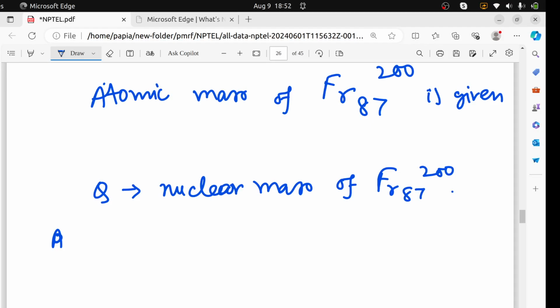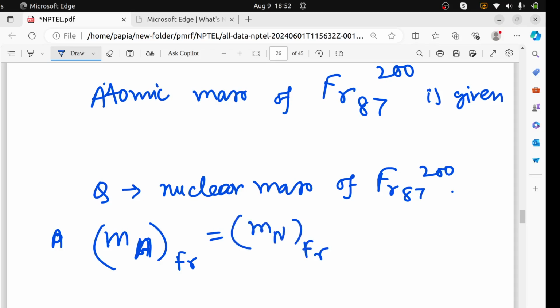Let's say I am writing here mass of atomic. Ma is the atomic mass of Fr. That is equal to, atomic mass means what? Atomic mass is nothing but the nuclear mass plus electron mass. So M_N of Fr, that means nuclear mass of Fr, plus how many electrons are present here? 87, right? 87 electrons, and each electron has mass Me.